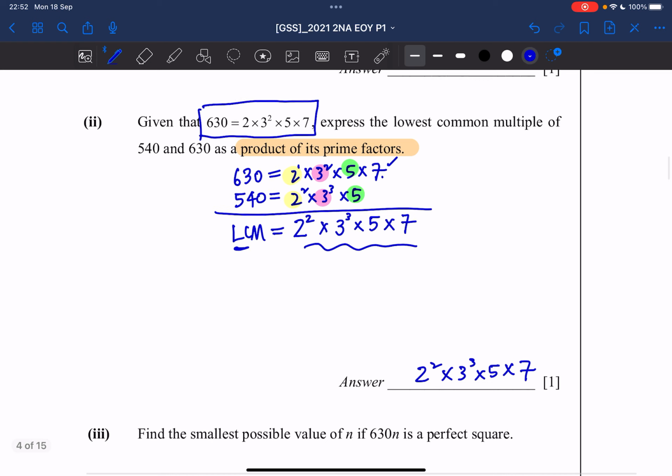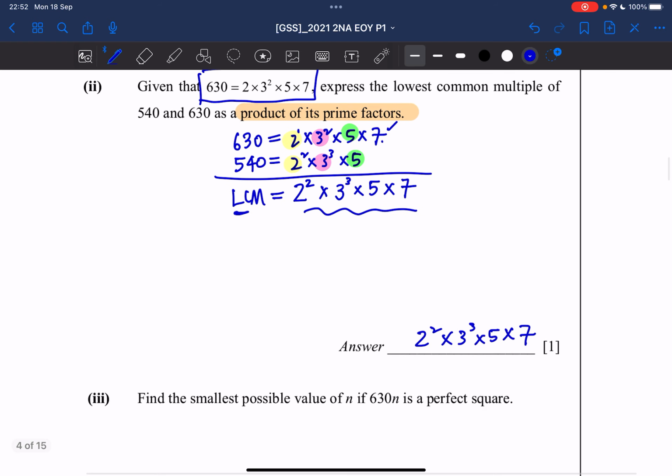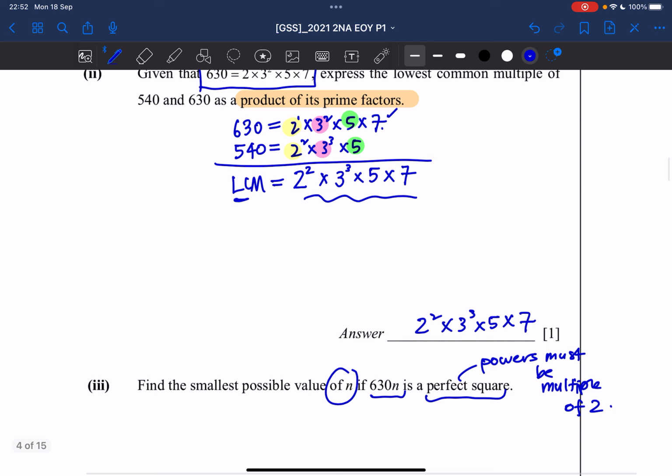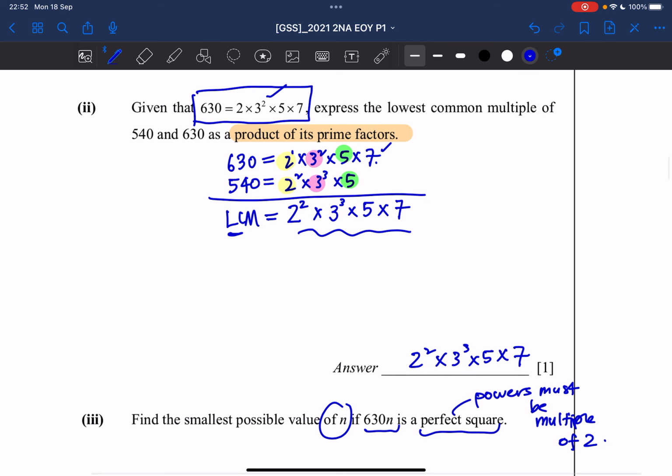Now let's move on to the next question. They want the value of n if 630n is a perfect square. Now, for a perfect square, the powers must be multiples of 2, or even numbers, for example 2, 4, 6, 8. So from the top here we have 630.